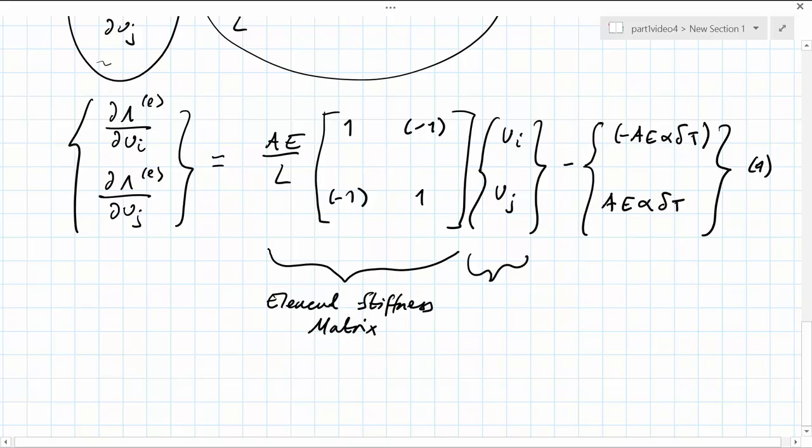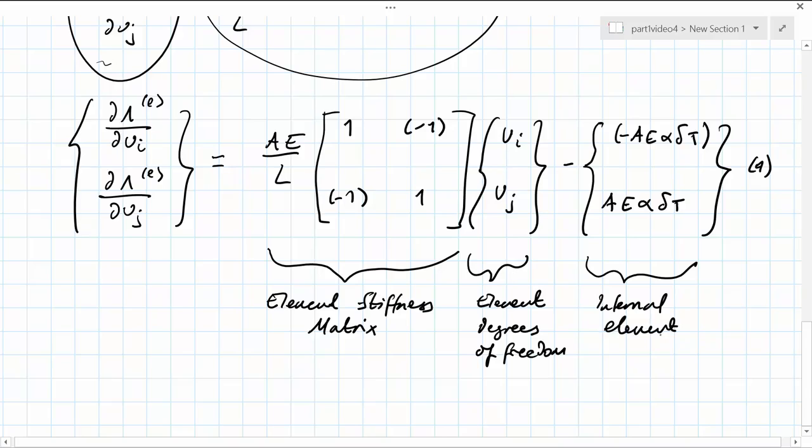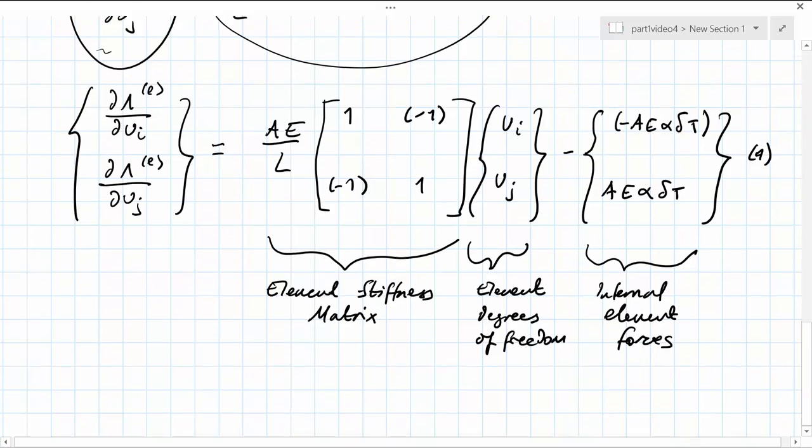This column vector of displacements are our element degrees of freedom, and then finally this vector on the end are the internal element forces. So in this case, these element forces are due to thermal loads alone.